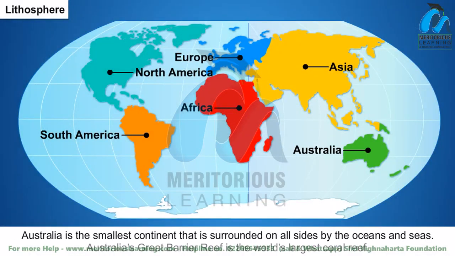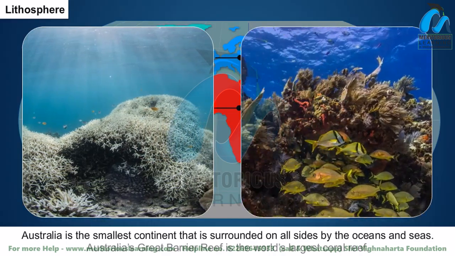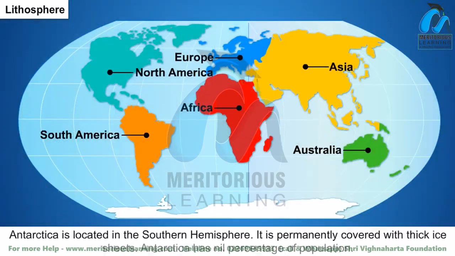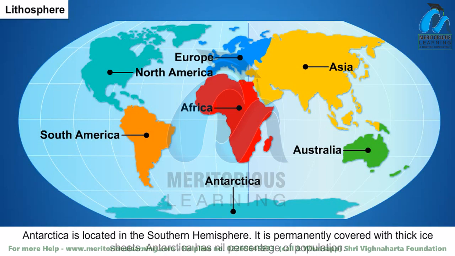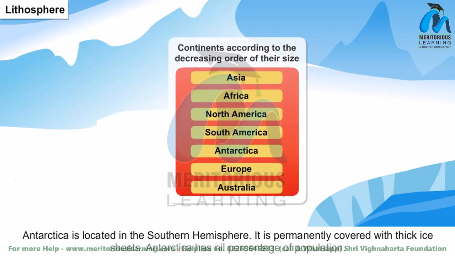Australia is the smallest continent, surrounded on all sides by the oceans and seas. Australia's Great Barrier Reef is the world's largest coral reef. 7. Antarctica is located in the southern hemisphere. It is permanently covered with thick ice sheets. Antarctica has 0% of population.